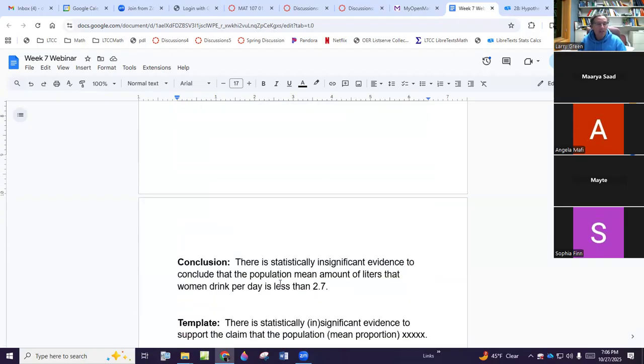All you can say is there's statistically insignificant evidence to conclude that the population mean, these words are really important, then you need to talk about what you're talking about: the amount of liters that women drink per day is less than 2.7. Any questions at all on this conclusion with this example?